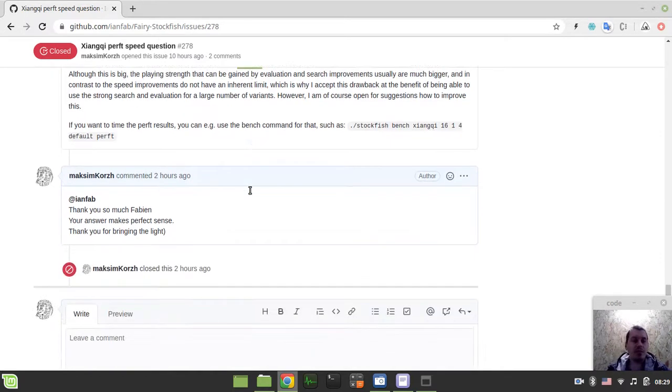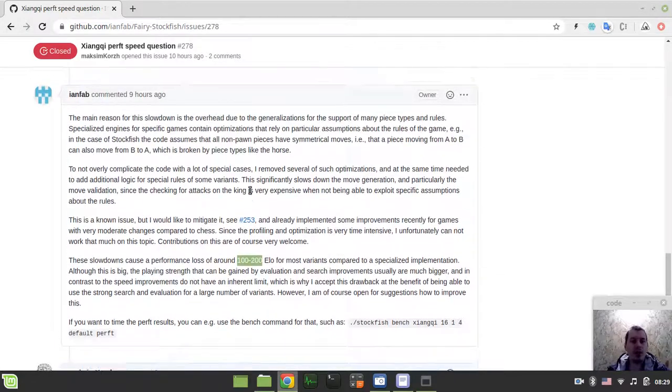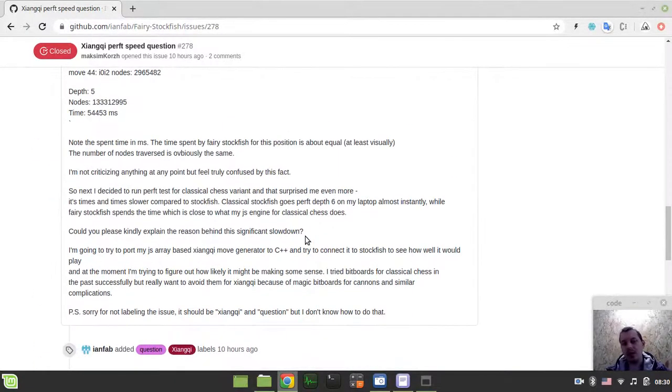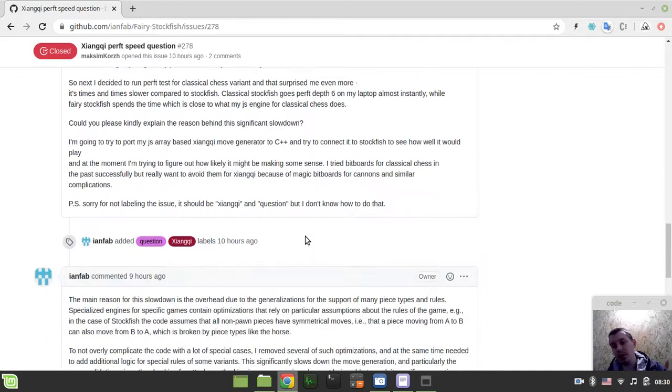So yeah, guys. This is kind of it. And when I ran these tests, I really decided that it's worth trying to create an array-based move generator and connect it to Stockfish's search.